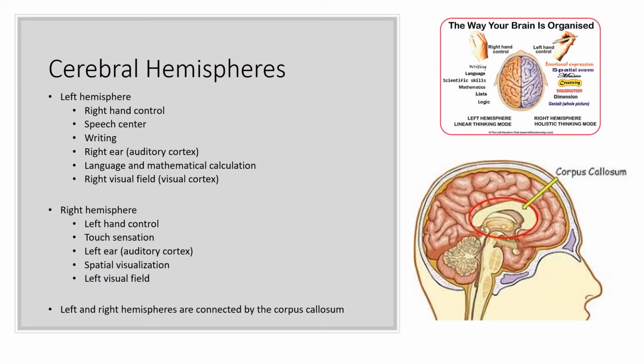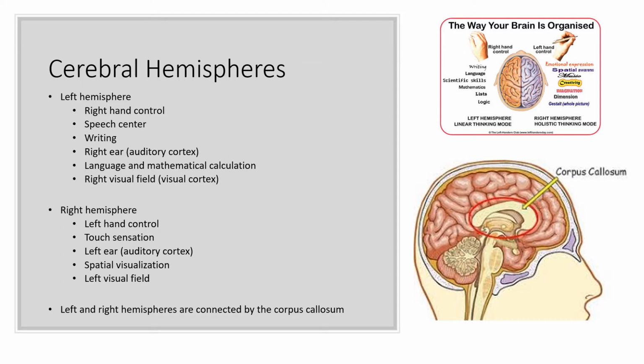Now, the telencephalon also contains your cerebral hemispheres, which, interestingly, are not bilateral. So your right hemisphere and your left hemisphere differ in functionality. For instance, your left hemisphere is under right-hand control. If you are a right-handed person, you use your left hemisphere more, right? The left hemisphere is your speech center.